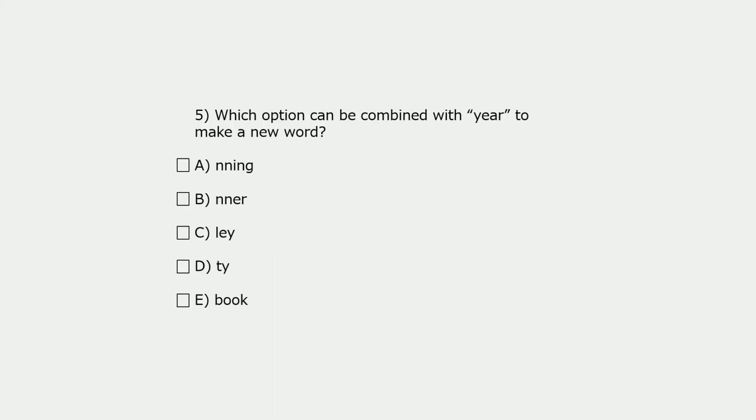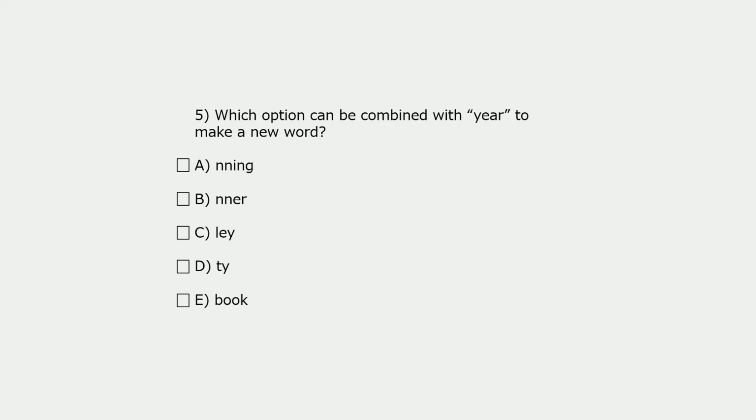Question 5. Which option can be combined with year to make a new word? A. N-N-I-N-G, B. N-N-E-R, C. L-E-Y, D. T-Y, E. B-O-O-K. Now let us think.